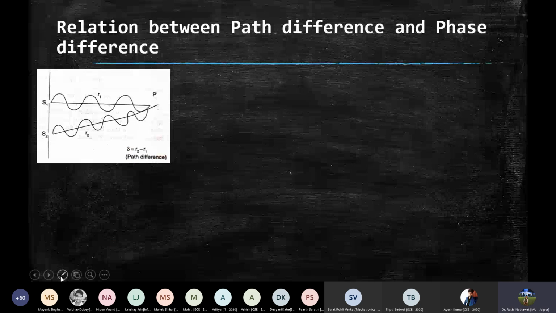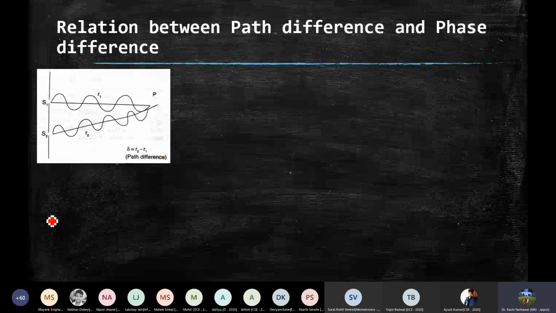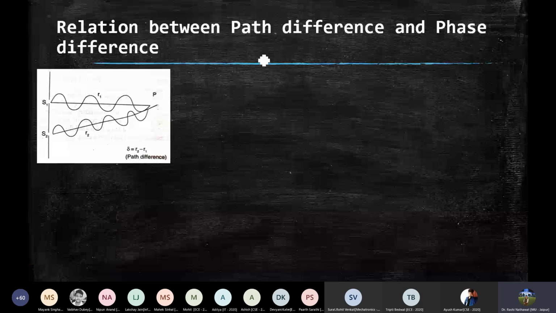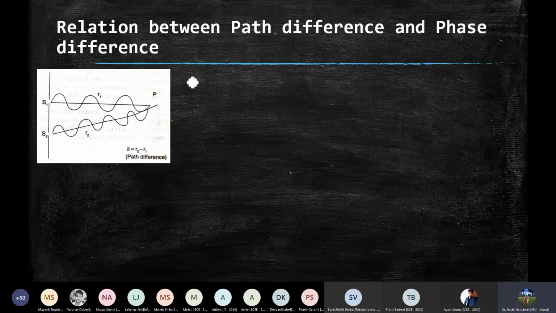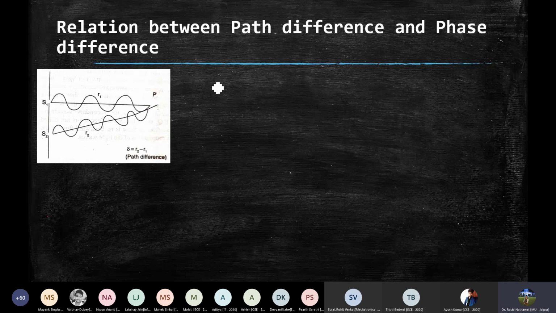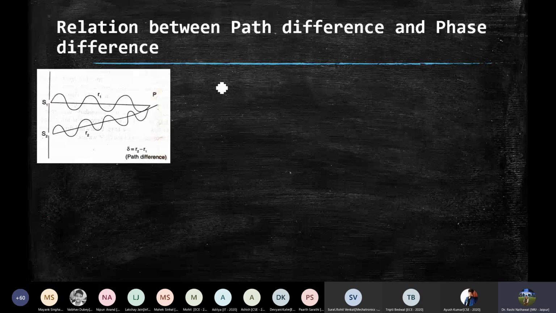So I will do a bit of calculation here. Take my pen. Suppose a path difference of delta, and the corresponding phase difference is phi.